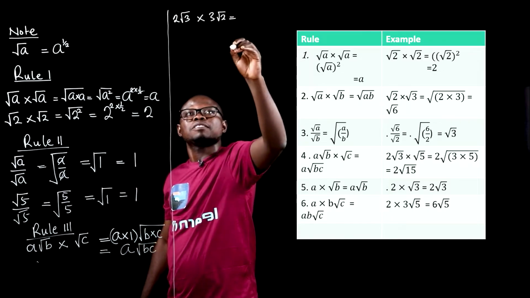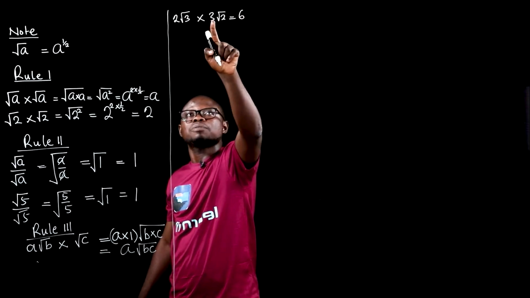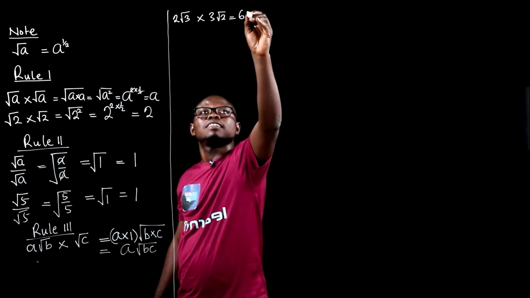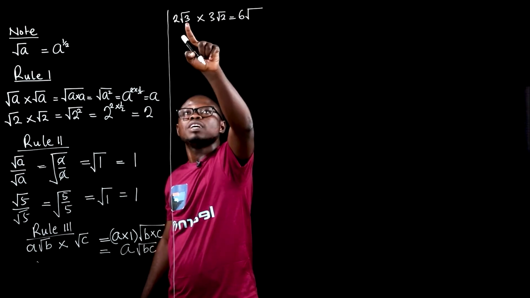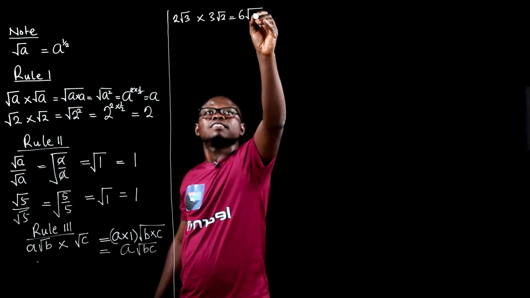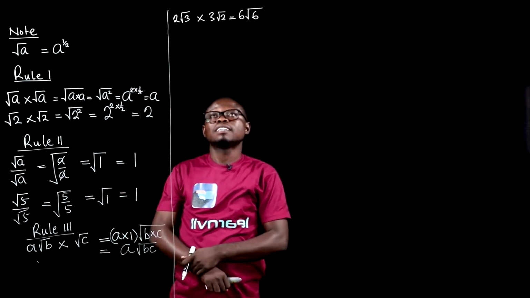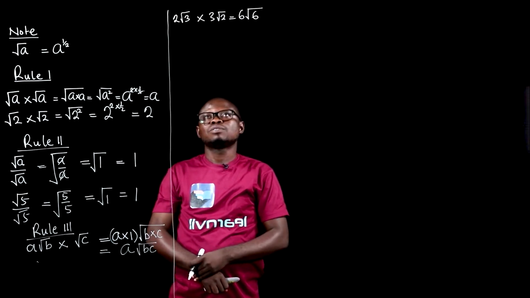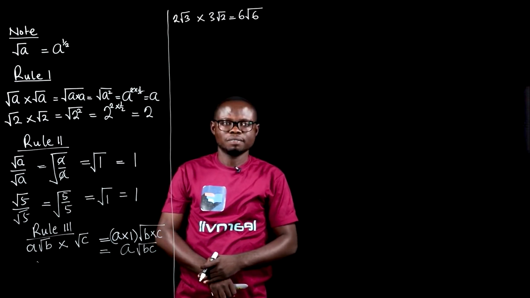This becomes 2 times 3, 6. Outside, outside, outside. Root 3 times 2. Inside, inside. You get 6. So 2 root 3 times 3 root 2 gives us 6 root 6.